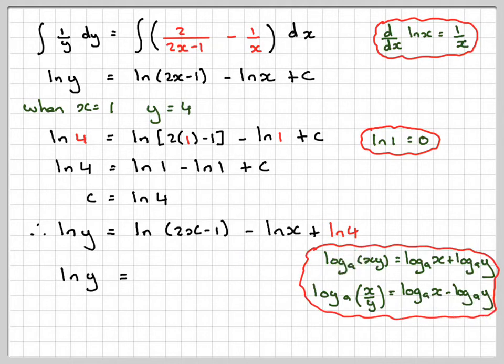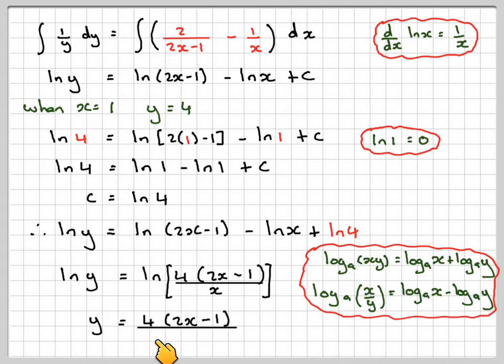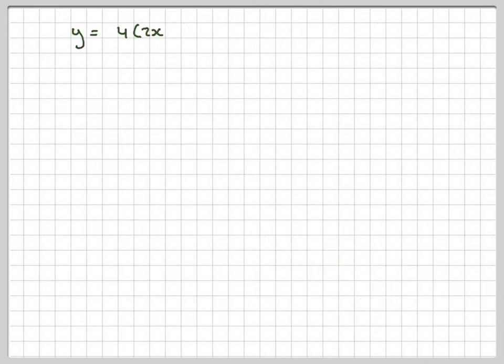So dealing with these, this will now become ln of 4 times that bracket using this rule here. And then we have to divide that by x using this rule here. Put in the brackets, obviously. Because we've got ln on each side, we can now say that y is equal to 4 times 2x minus 1 over x. So this is our solution to our differential equation.